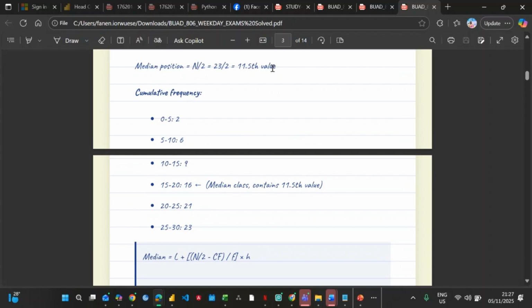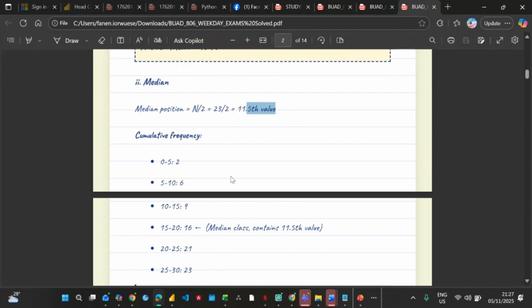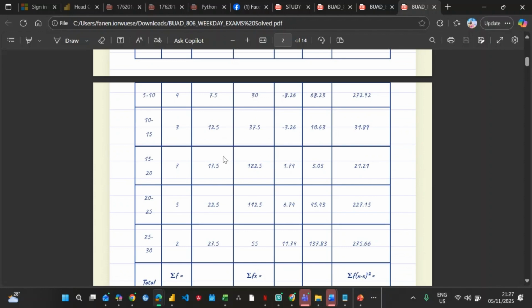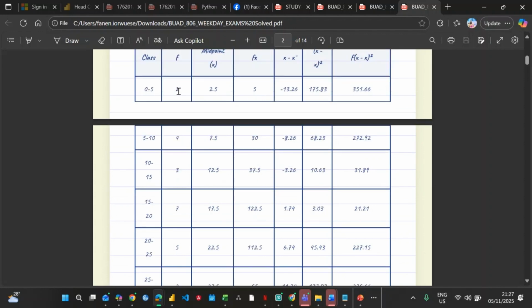When we do the median position, what we solved here, this 11.5 value, helps us understand the middle point of the data. Now we have to do a cumulative frequency on this to give us this.